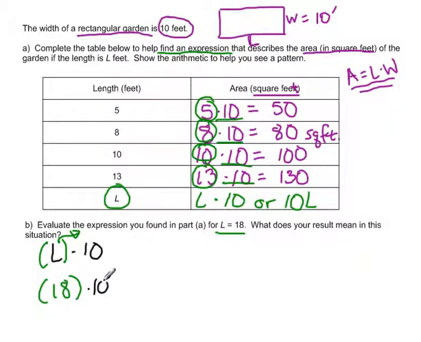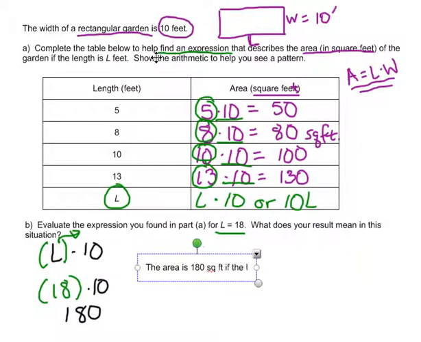And when we do that multiplication, we're going to come up with 180. What does our result mean? Well, our result means that the area is 180 square feet if the length is 18 feet.